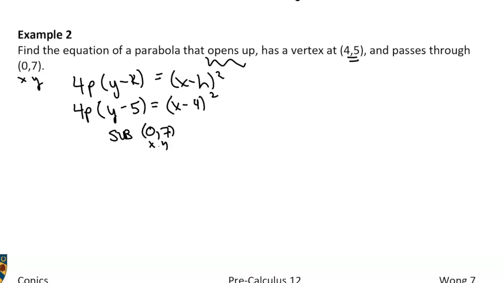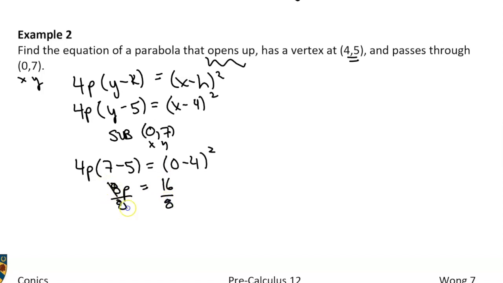So given something like that, you could say 4p(7 subtract 5) equals (0 subtract 4) squared. 8p equals 16. And p equals 2.